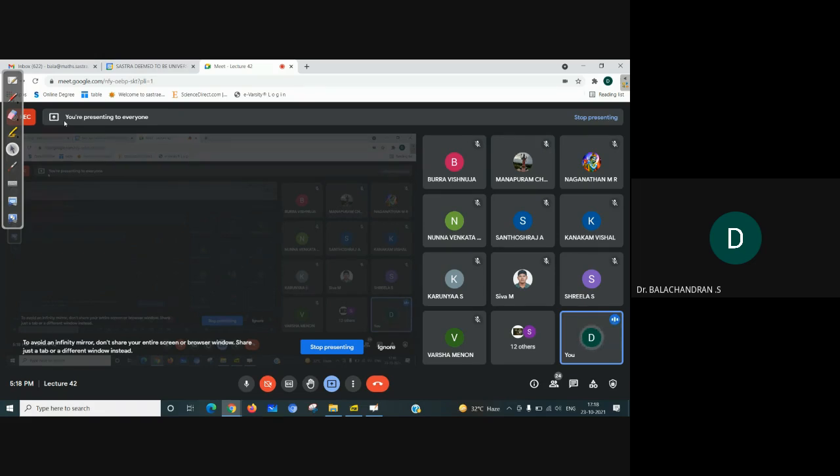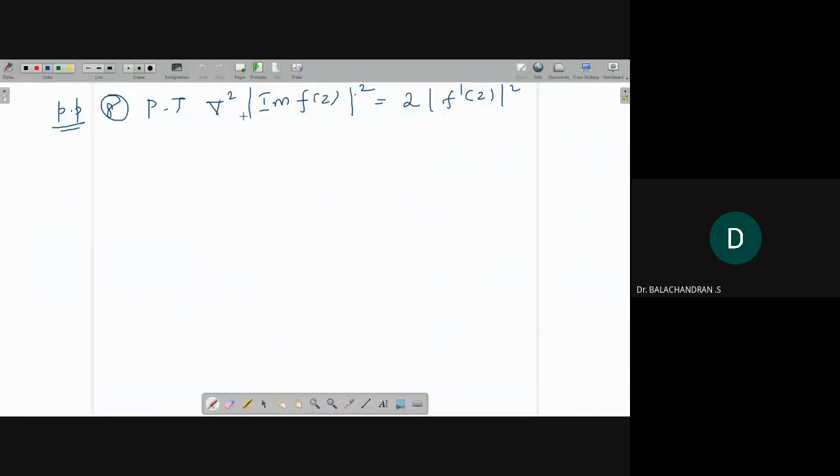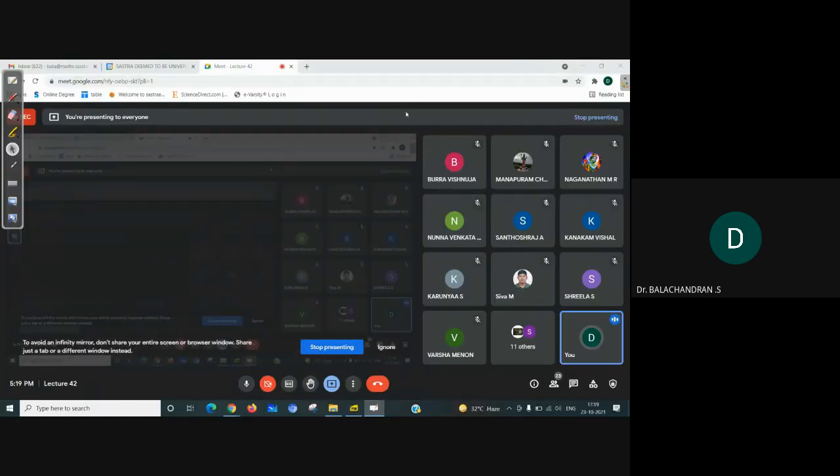We are doing only del square. Here del square is what? ∂²/∂x² plus ∂²/∂y². In all the problems you have del square. I think the last two problems don't have del square, but yeah, here also you have del square. In all 8 problems del square is involved. That's why I gave the section name problems involving del square.